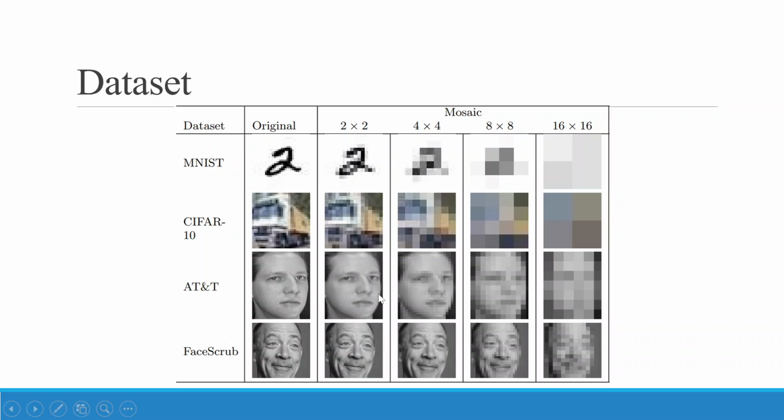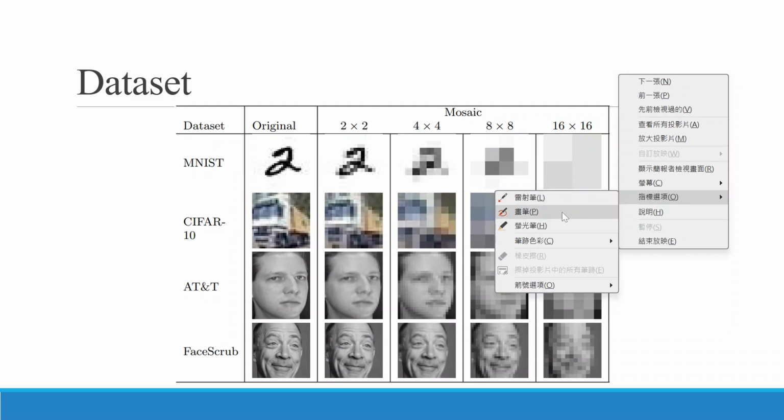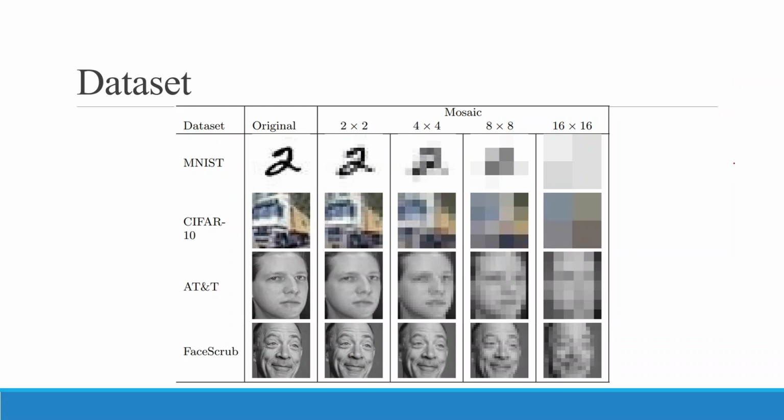You get the faces, and then you do the blurring on purpose by yourself to get the blurred result, and then you do the training.